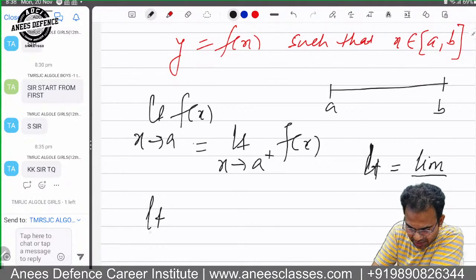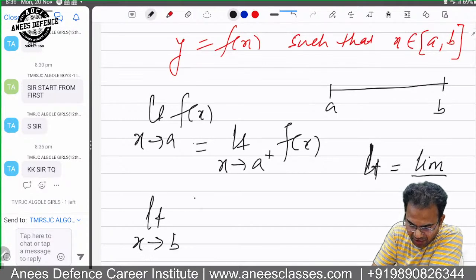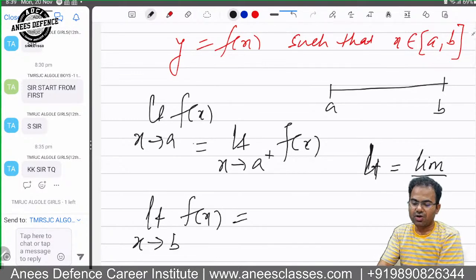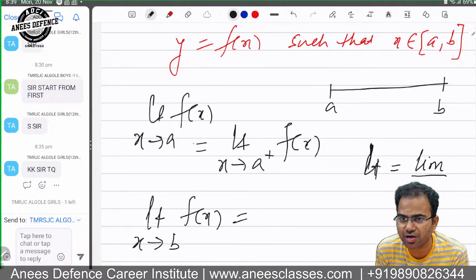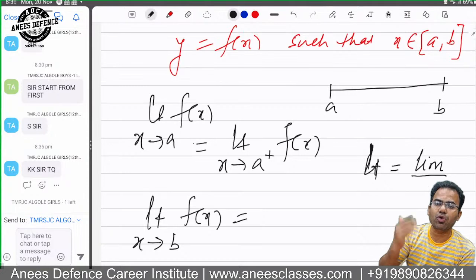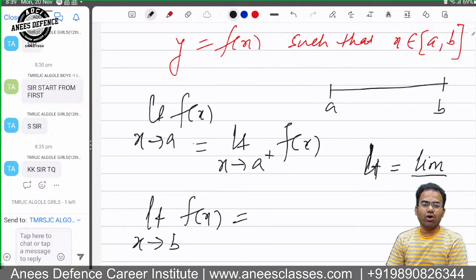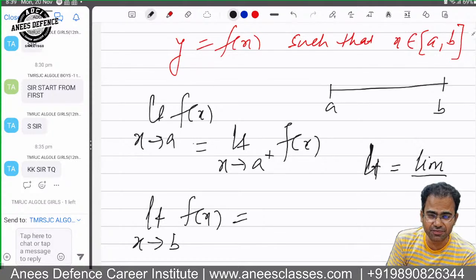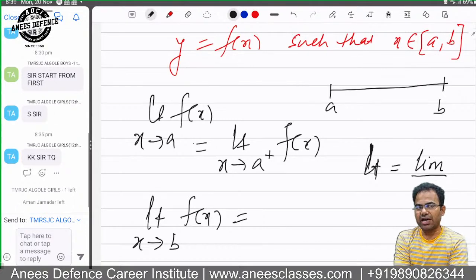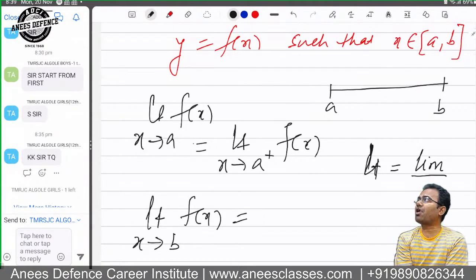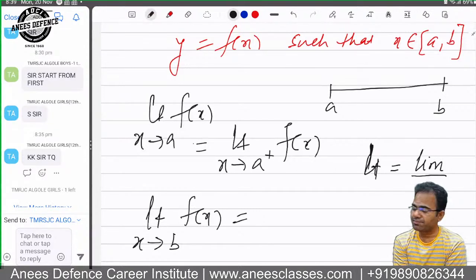So I have to find limit x tends to b f of x. For b, I cannot find both side limits because at b we have closed. We cannot go beyond b. That is, we cannot take the right neighborhood of b. We can only take the left neighborhood of b.